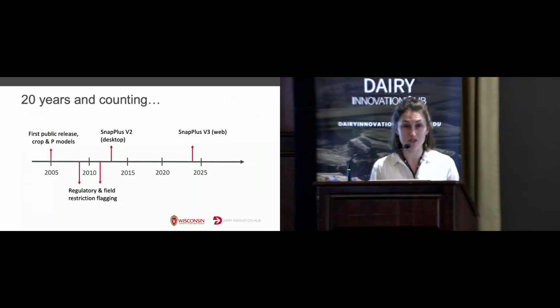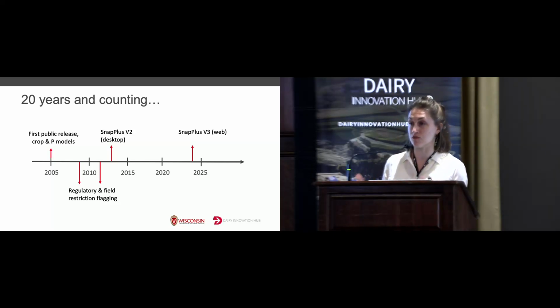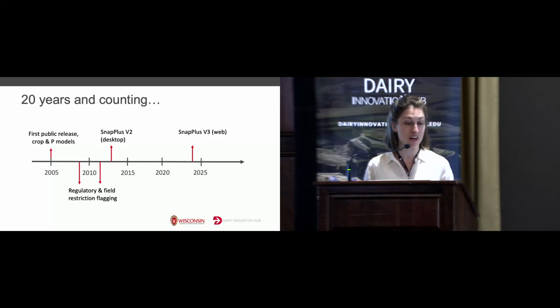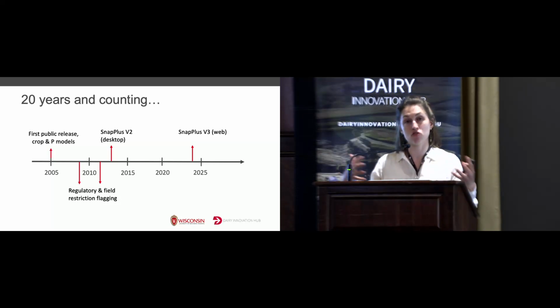And we have a history of more than 20 years here of providing this tool and evolving it to try to make it more useful to farmers and farm operators across the state. So back in 2005 was our very first public release, essentially a glorified spreadsheet. And then as we move through time, you can see we're adding features to this software tool related to regulatory components. How can we flag different important restriction features in fields based on geospatial data?